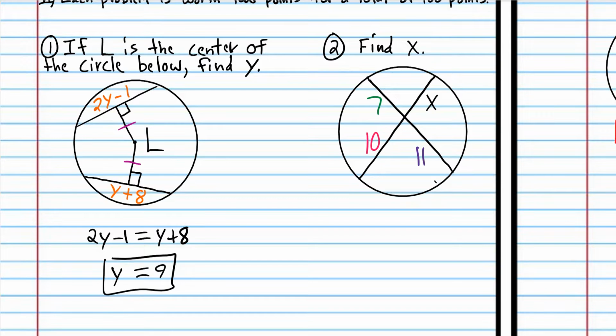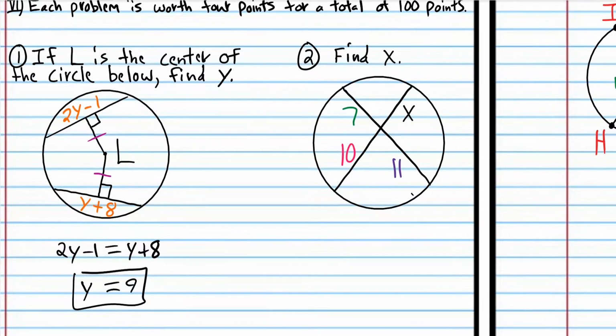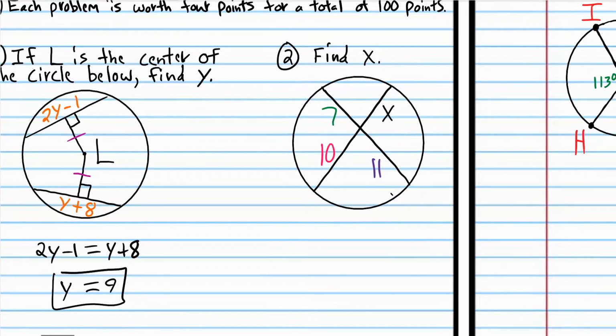All right, we're back. In this problem, we need to use the segment lengths of intersecting chords theorem. And that tells us that if you have 2 chords in a circle that intersect, then the segments that are created are related in this way.